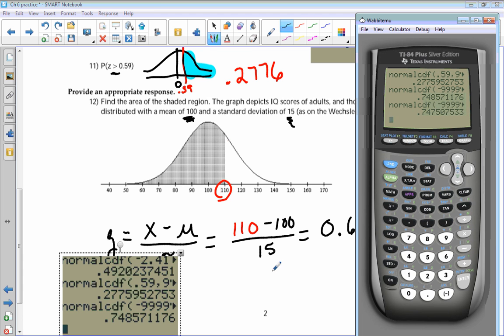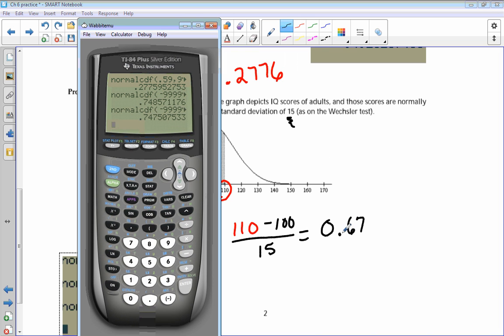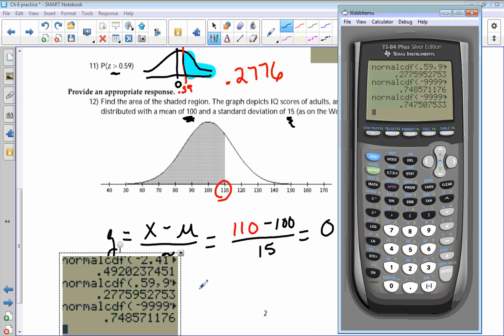I completely understand, because if I did this calculation for our z, I rounded z and it would have been 0.66666. It's a repeating decimal. Because of the rounding, that's why it comes up a little bit different. So I expect that little bit of difference, and of course, on your test, I will be checking your answers to see if it was just that much off, and that's why it's off.